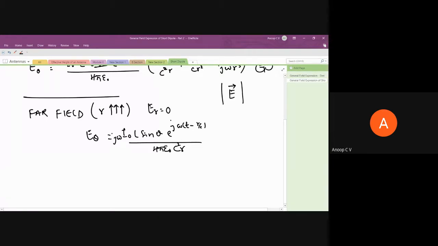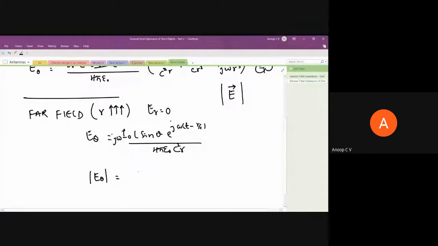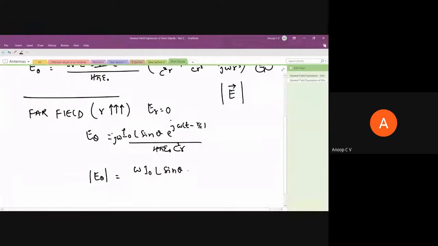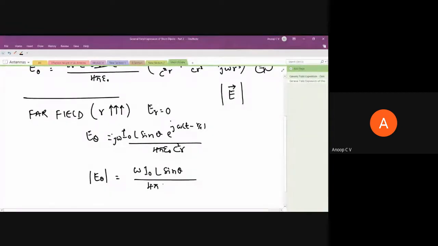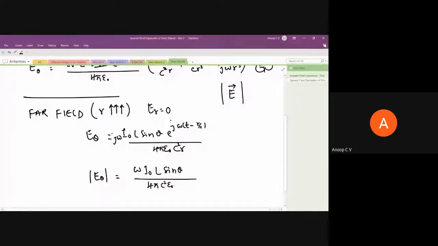So when I say mod of E_theta, that is the magnitude of that phasor. Mod of E_theta will be omega I naught L sine theta, divided by 4 pi c square epsilon naught r. So this is mod of E_theta.